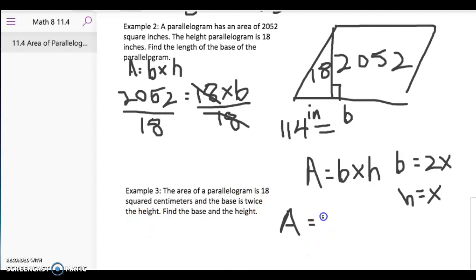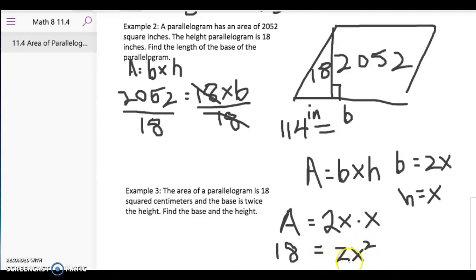So then now I can do 2x times x, right? So then what I have right here is 18 equals 2x times x, which is 2x squared. That's a 2, not a z.